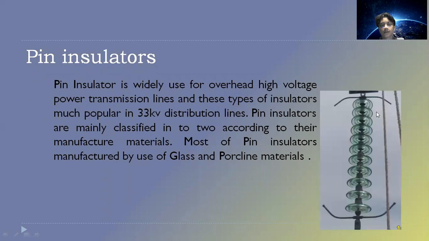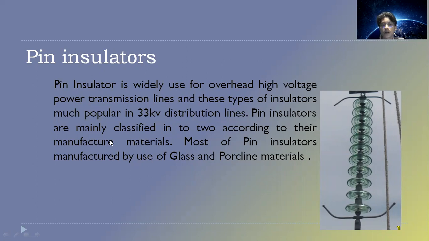Next is the pin insulator. Pin insulator is widely used for overhead high voltage power transmission lines, and this type of insulator is very popular in 33 kV distribution lines.